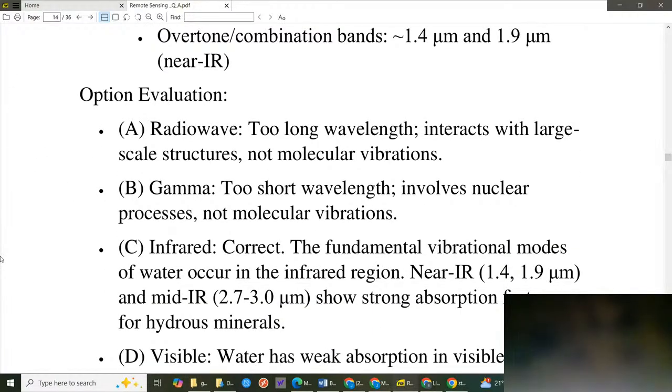Radio wave: too long a wavelength, interacts with large scale structure, not molecule vibration. Gamma: too short a wavelength, involves nuclear processes, not molecule vibration. Infrared is correct. The fundamental vibration modes of water occur in the infrared region, near infrared 1.4 to 1.9 micrometers and middle infrared 2.7 to 3 micrometers, so there are strong absorption features for hydrous minerals.